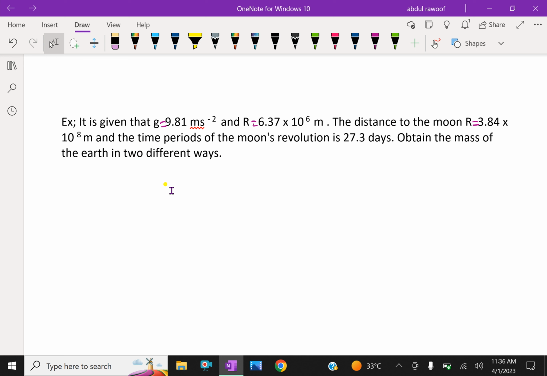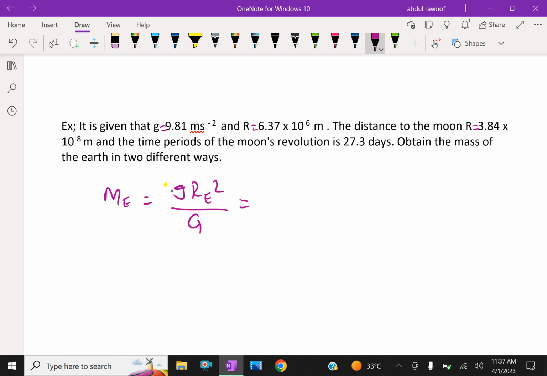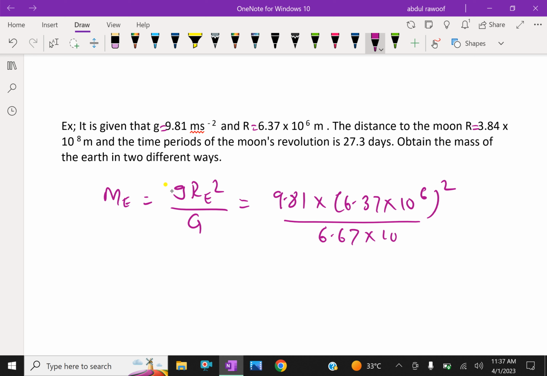Here, first, the mass of the Earth M equals g Re squared, the radius of the Earth squared, over capital G, which equals 9.81 into 6.37 into 10 power 6, the square, all divided by 6.67, the G value, 10 power minus 11.